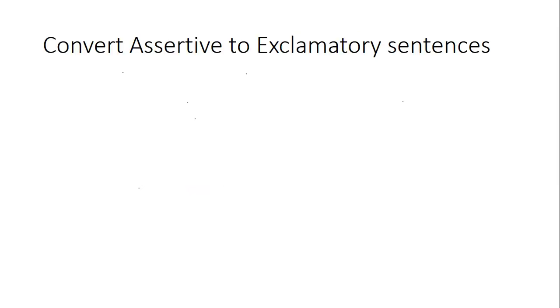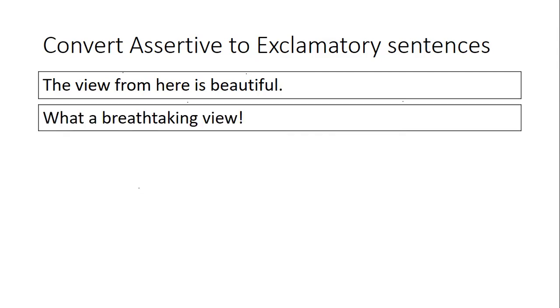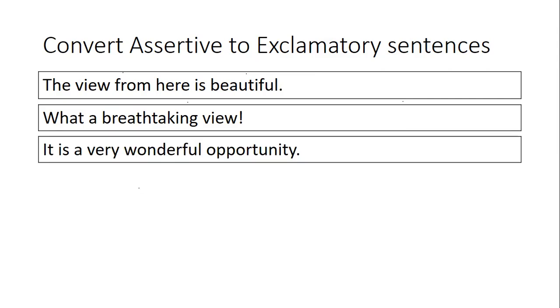Let's do the opposite of what we did before. Convert assertive to exclamatory sentences. The view from here is beautiful. What a breathtaking view. It is a very wonderful opportunity.